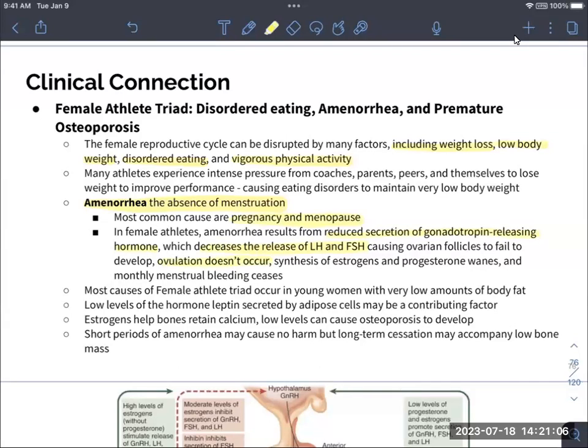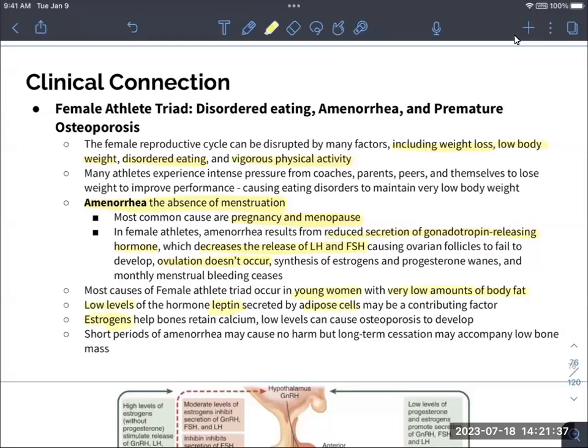The estrogens and progesterones that usually decline after ovulation to start that monthly bleeding, in these female athletes, none of this process is happening. It's more common in young women, teens, with very low amounts of body fat. They usually have low levels of leptin from those adipose cells because they don't have a lot of body fat to begin with.